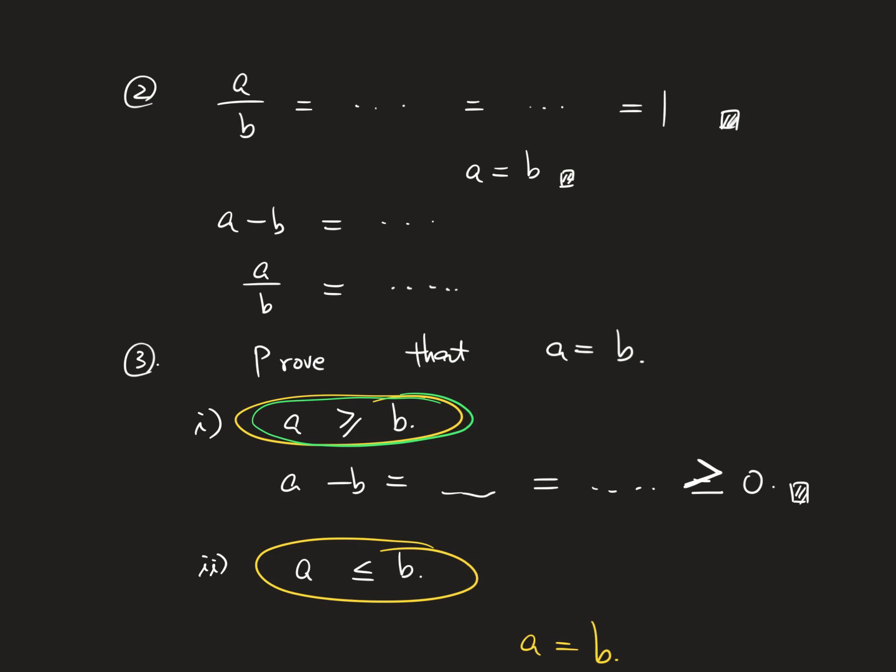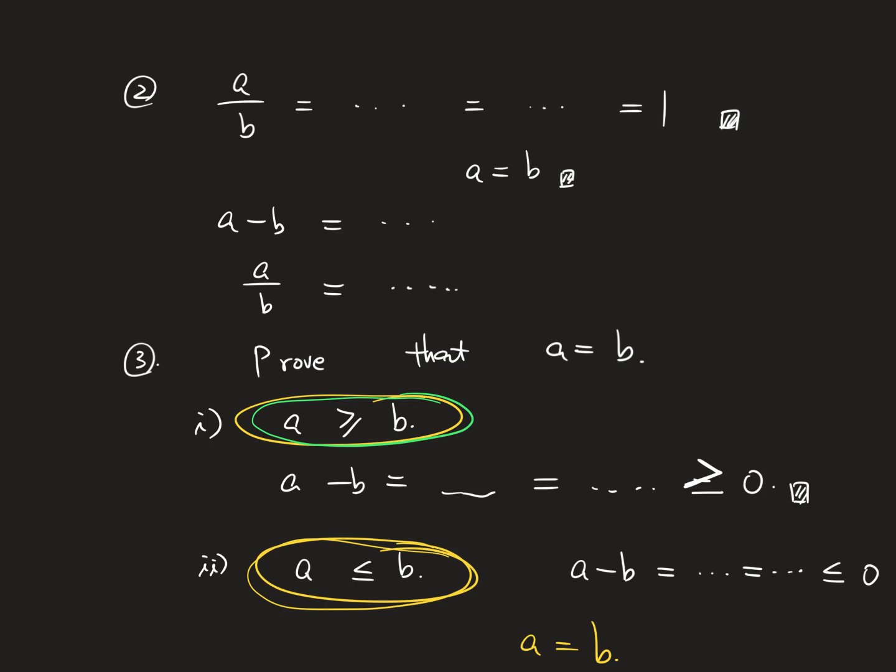And similarly, when you need to prove that A is less than or equal to B, you have to start your proof with this line, like A minus B is equal to blah blah, and then blah blah, and then finally you have to write in this way, less than or equal to 0, and then this is the end of proof.